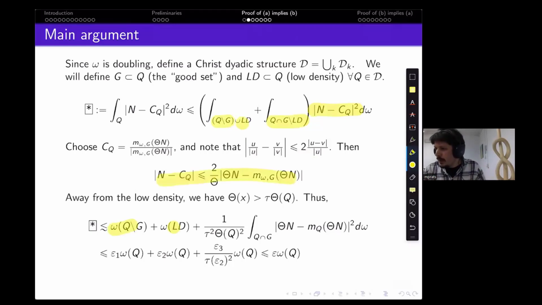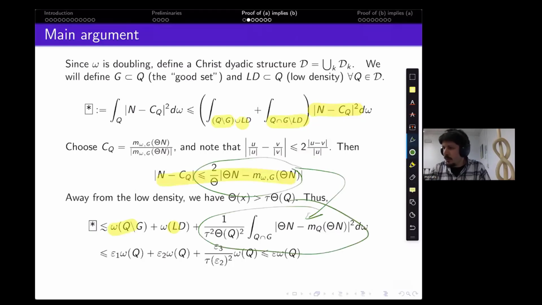So you automatically apply this and you get this here. Now theta of Q can substitute theta of x because we are not in the low density part. We are in the high density part. Okay, so in this way, we have gotten this.